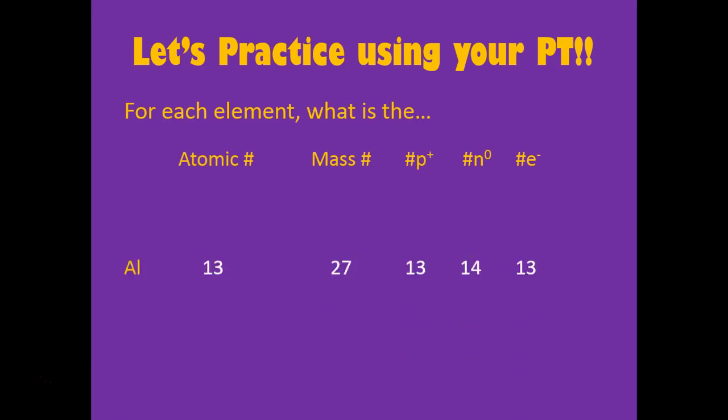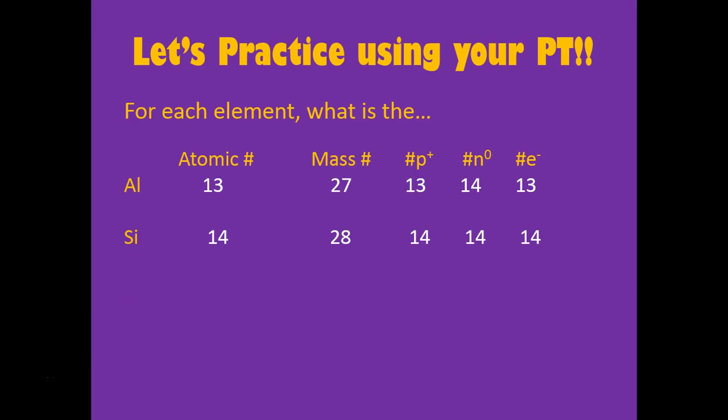So here, we've got some different elements. Should be on your handout. We've got aluminum, silicon, and calcium. If you look them up on the periodic table, you can find their atomic numbers. That's just the number of protons that they have. So you should see the column here that says atomic number matches the column that says protons. All right.